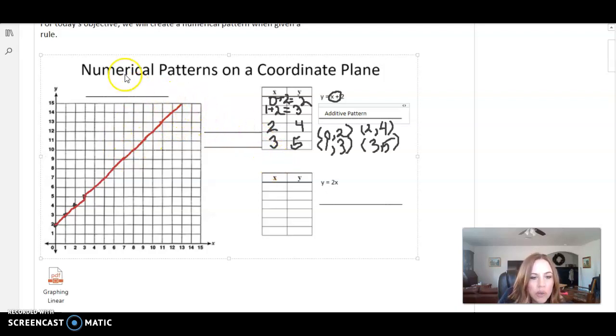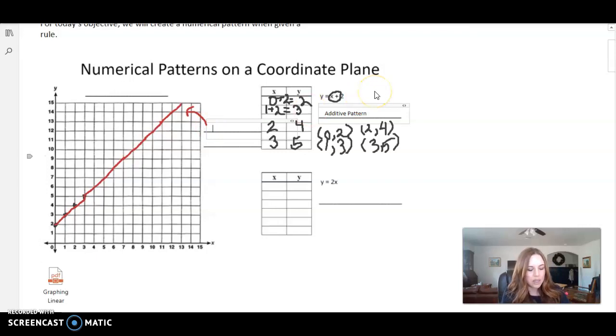Then what I want you to do is draw an arrow to this beautiful line that we have made and say that this is an additive pattern on the graph. So when we graph the additive pattern, it looks like this.